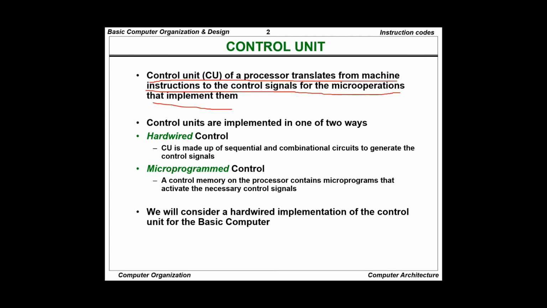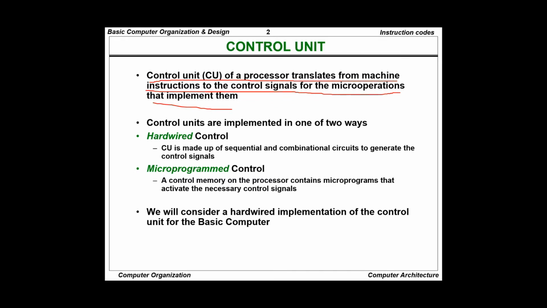The control unit acts as the heart of a processor. It may be logical micro operations, arithmetic micro operations, or shift micro operations. Whatever the micro operation is, it translates from machine instructions to control signals, and it should implement them.